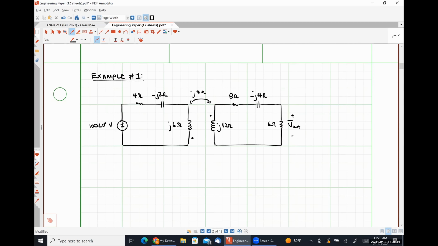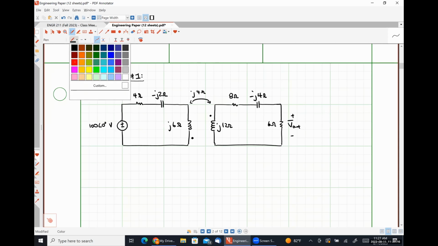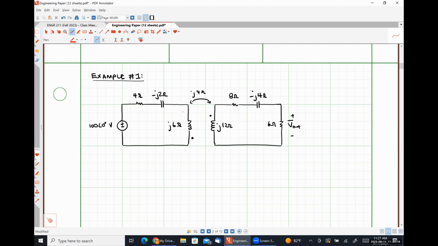I'm going to call on random people for things. Alex, the positive polarity terminal of... answer, tell me one or the other. Okay. So we're going to assign V1 on top. Daniel, should the positive polarity terminal of the voltage V2 be on top or bottom? Good. Bottom.